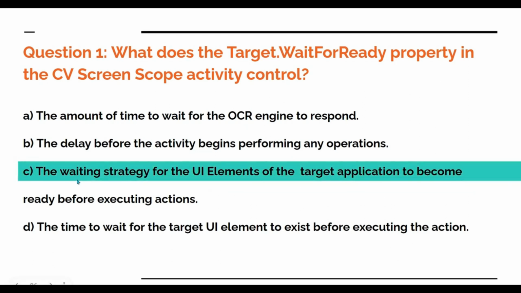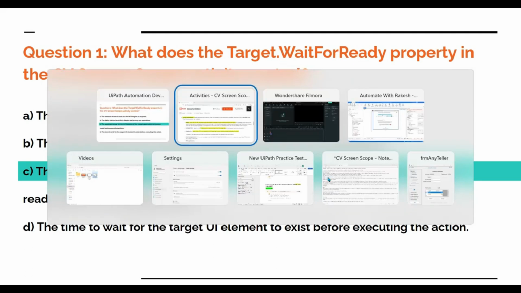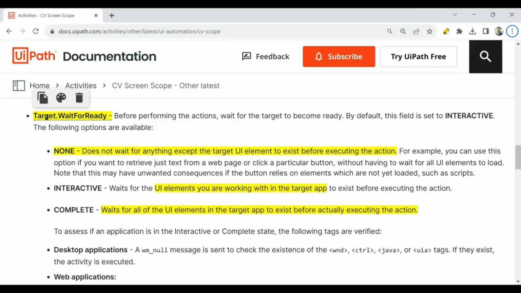The answer is the waiting strategy for the UI elements of the target application. It waits for the UI elements, right? Target, wait for ready. Now here, let me show you the documentation. Target wait for ready has got three different options: none, interactive, and complete. None means does not wait for anything except the target UI element. Interactive means waits for the UI elements you are working with in the target app.